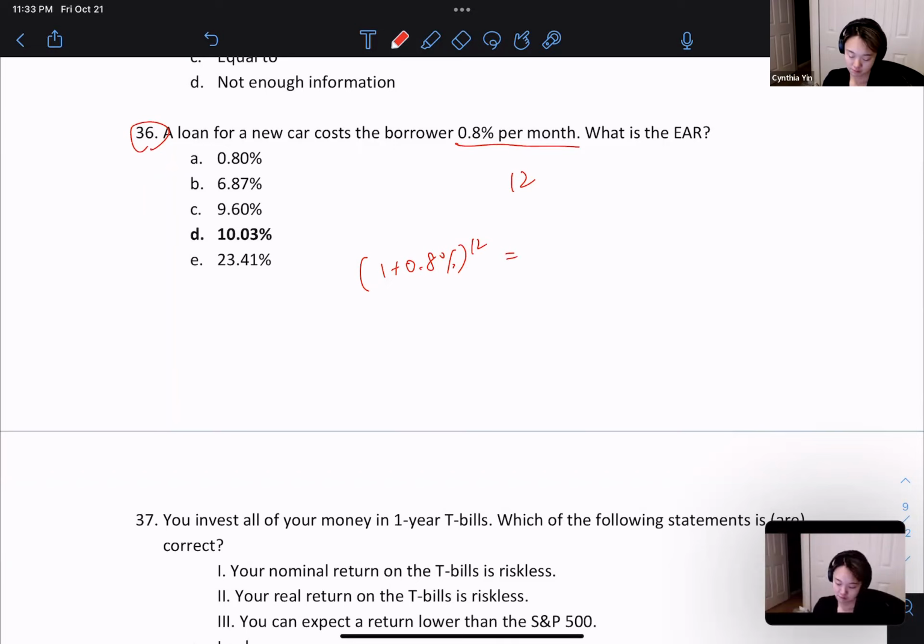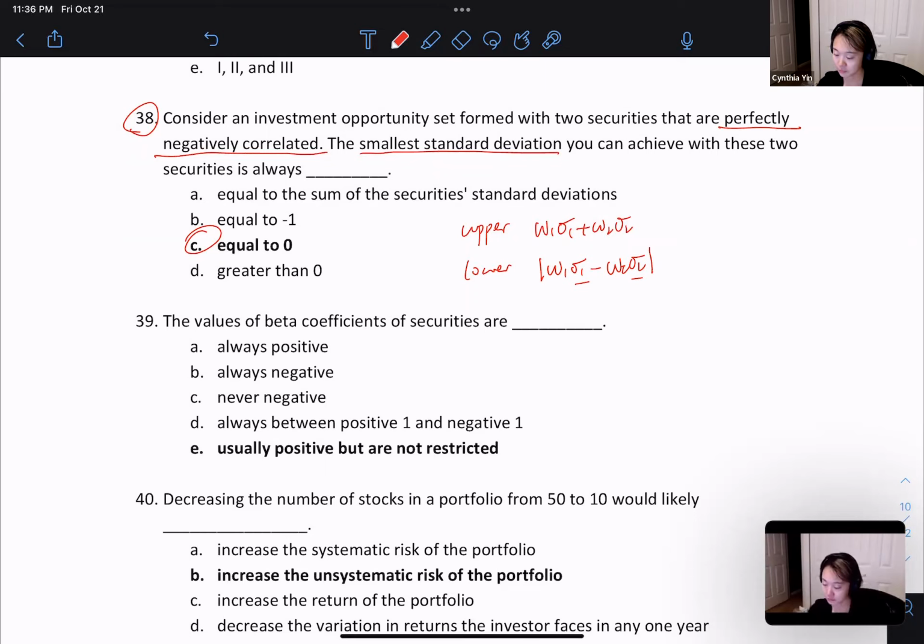The upper bound, or the highest portfolio standard deviation you can get, is just the weighted average of the two standard deviations. And the lower bound, or the lowest one you can get, is going to be the absolute value of the difference between these two. And suppose you know sigma, standard deviation 1, standard deviation 2, you can make it 0.